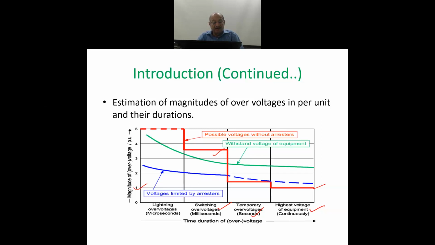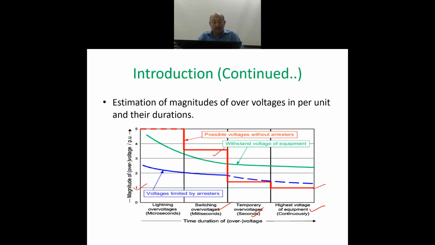When the lightning strikes any part of the network, the location where it strikes develops overvoltage in either direction or in all directions, and that again is a transient overvoltage of short duration. It moves in every direction in the form of a traveling wave.